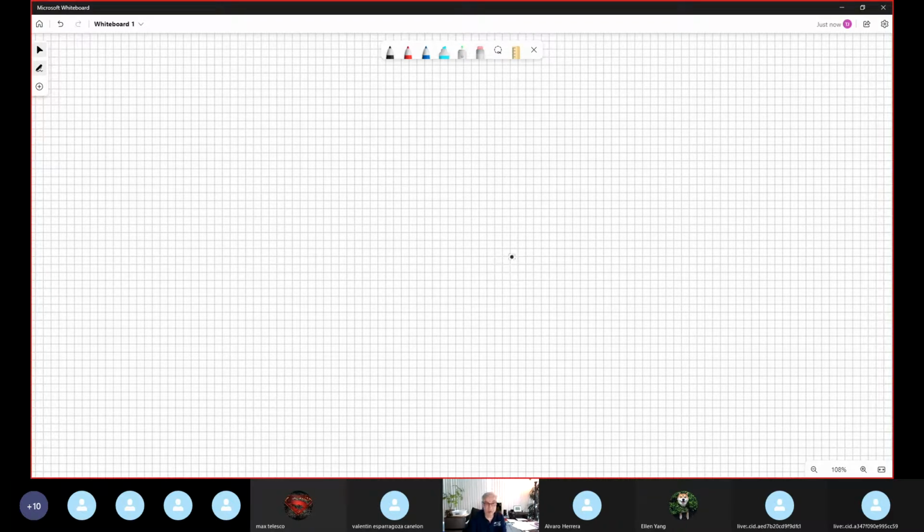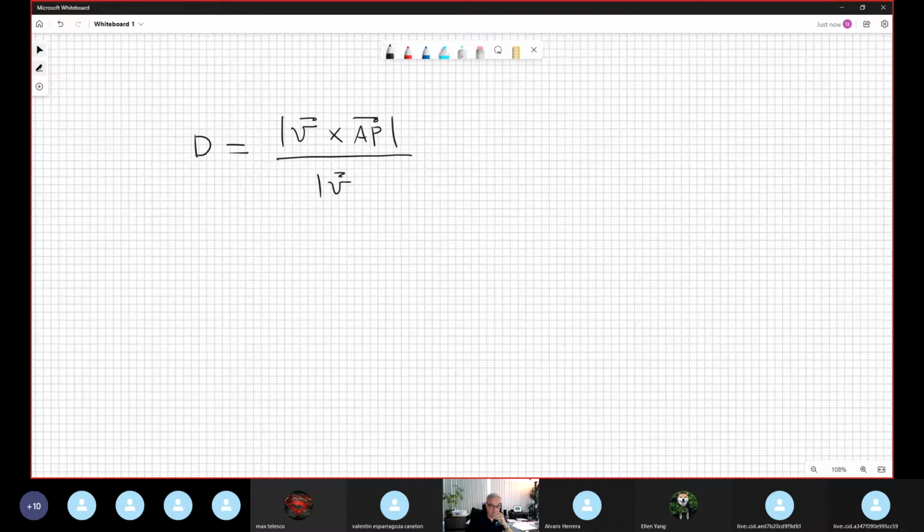I explained the formula, and the formula I explained in the last part was the distance between a line and a point. It is the magnitude of the direction vector cross AP vector divided by the magnitude of the direction vector. The important thing is that this is vertical projection, not horizontal, because the segment I try to find is perpendicular to the direction vector. That is the only information given in the line.